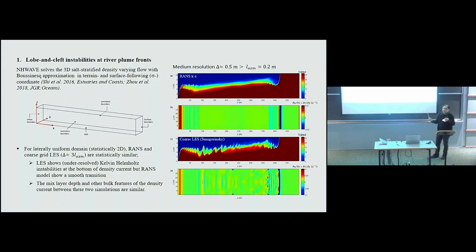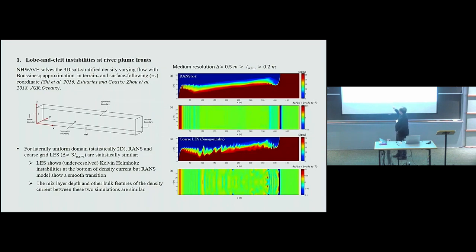The reason I hesitate to say large eddy simulation, and instead just say eddy resolving, is that in a lot of applications we are not able to afford a grid size smaller than the Ozmidov scale. For example, in one of our earlier simulations, we were simply simulating a Boussinesq density current in a laterally uniform channel.